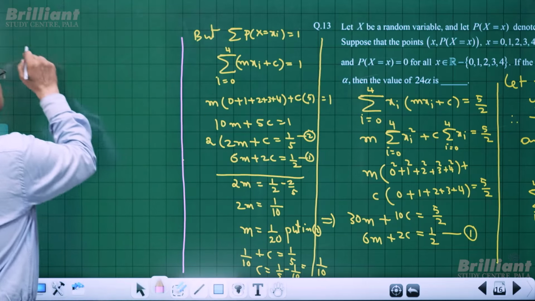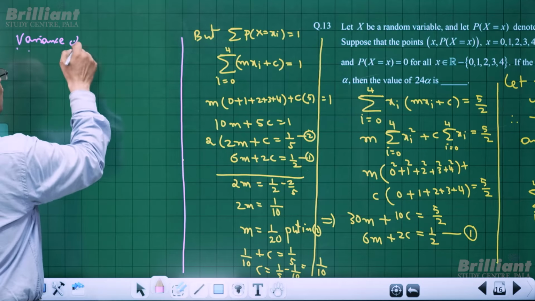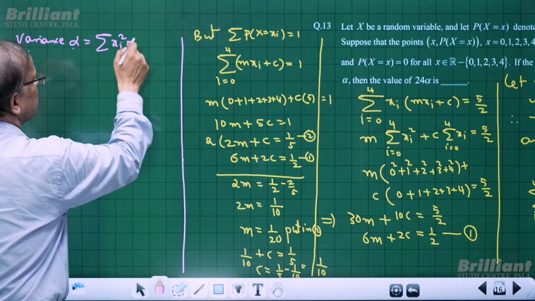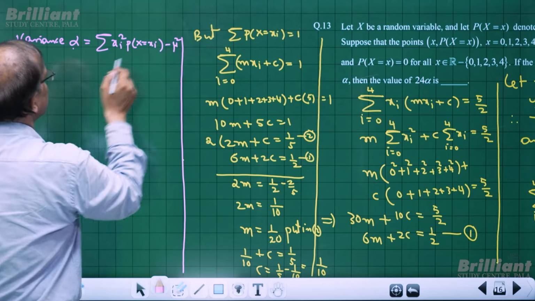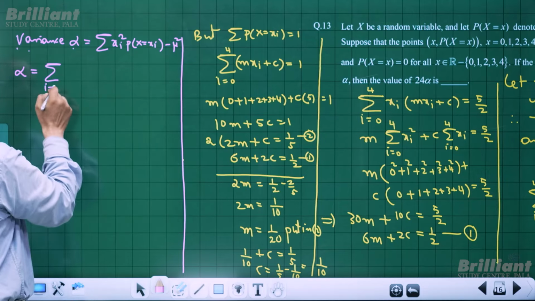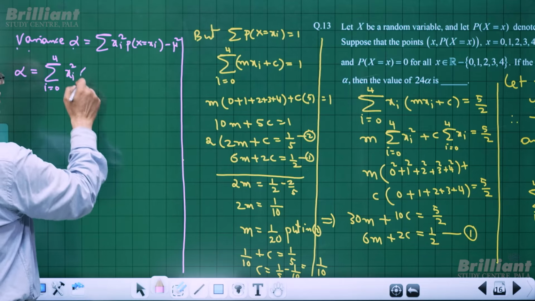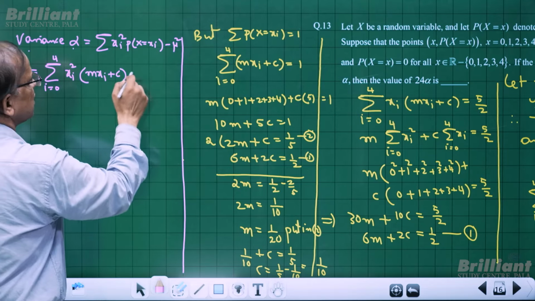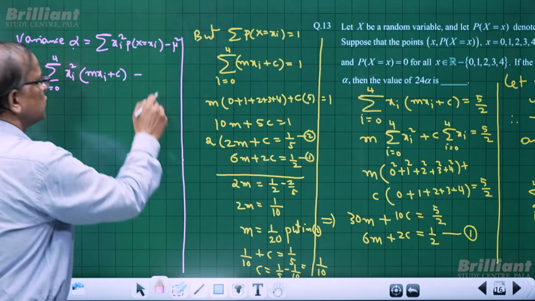The variance alpha is given by the formula sigma xi square p(x = xi) minus mu square. Therefore, sigma i equal to 0 to 4, that is xi square into (m xi plus c), minus mu square, where mu is given as 5 by 2, so 25 by 4.